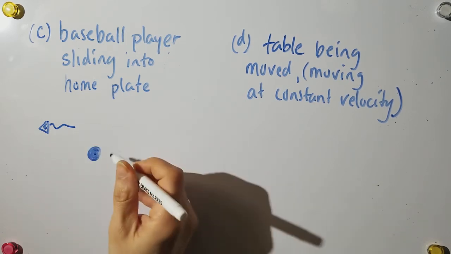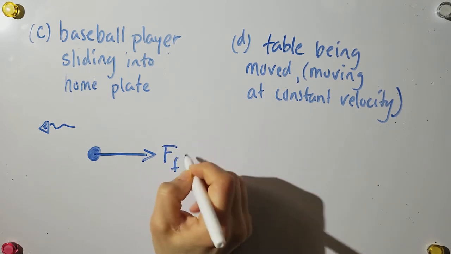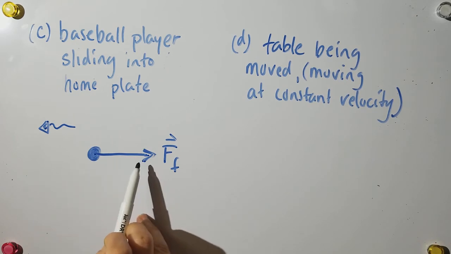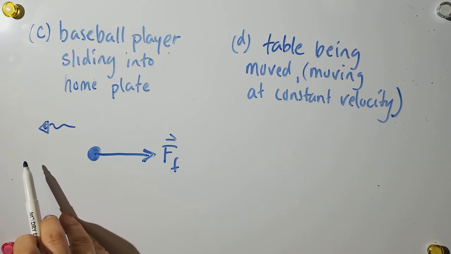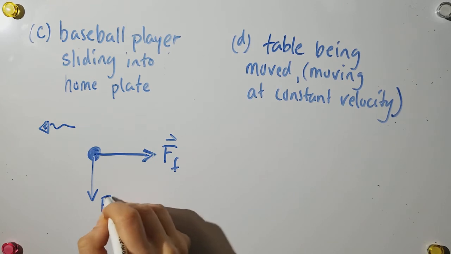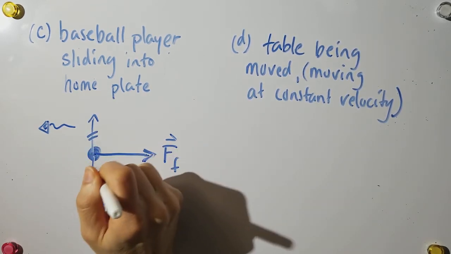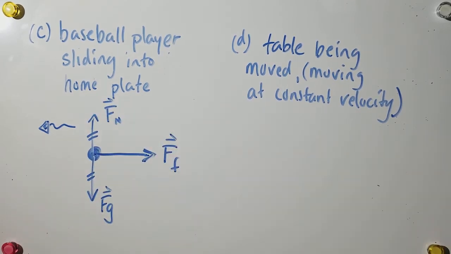But which way is the friction? The friction is acting in the opposite direction. So it's stopping you. And you think, well, but a force is pushing you that way. Yes, but it's stopping your motion, so you're actually moving to the left. Now, what are the other forces? Well, we're on Earth. So there's the force of gravity, and the player is in contact with the surface. So it's the normal force of the ground.